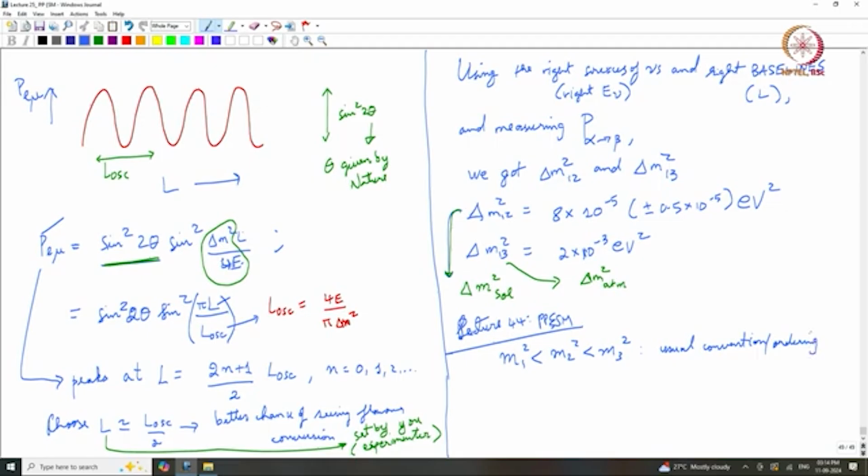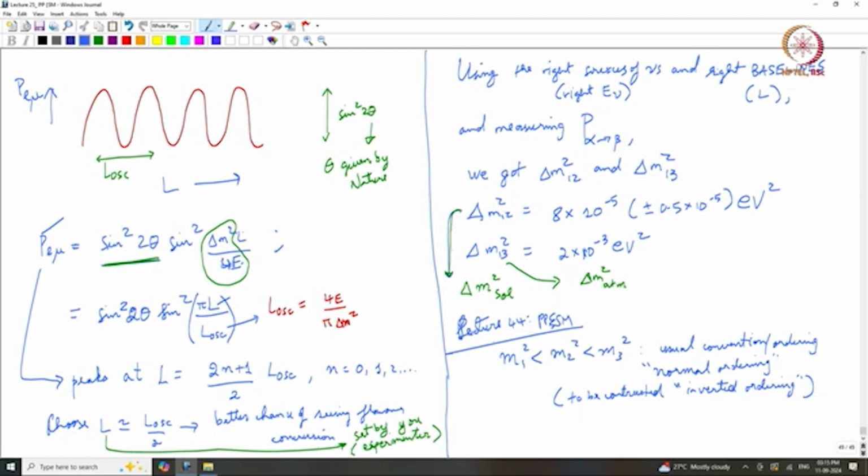In this case there is a technical term for it, it is a normal ordering, but pretty soon we will compare this with another ordering, which is called inverted ordering, where we will not have this.